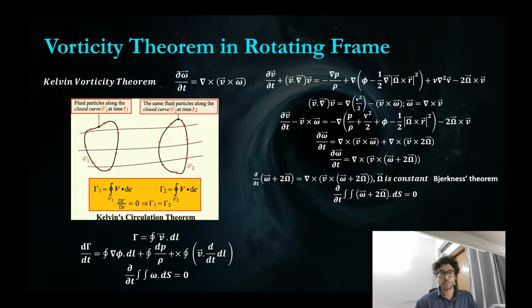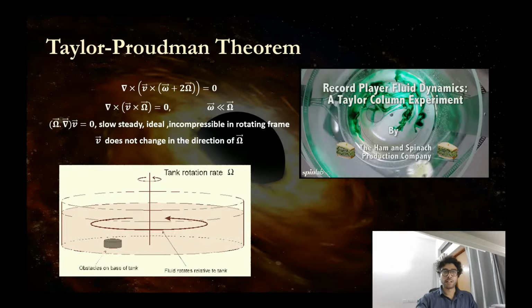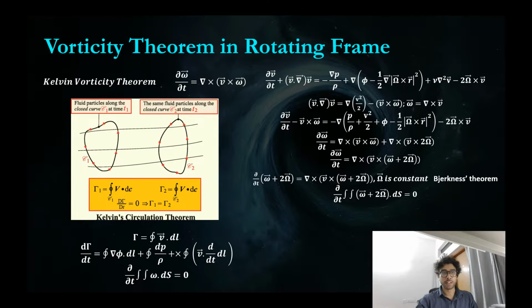Now we are going to see what will happen if we have a rotating frame. And after that, we'll study the Taylor-Proudman theorem, which is a very interesting thing. And we'll see some videos about how that theorem works in lab experiments. So we'll just come back in a few minutes.